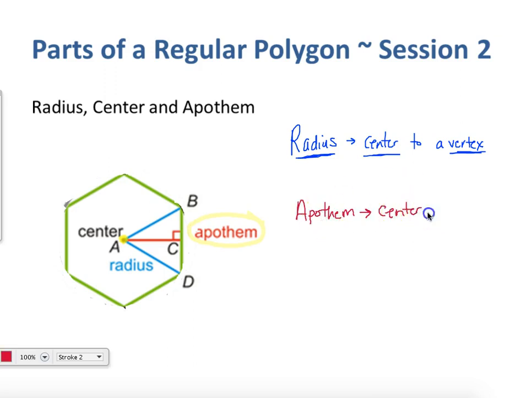So the apothem is a line segment that goes from the center of our circle to the midpoint of one of its sides.